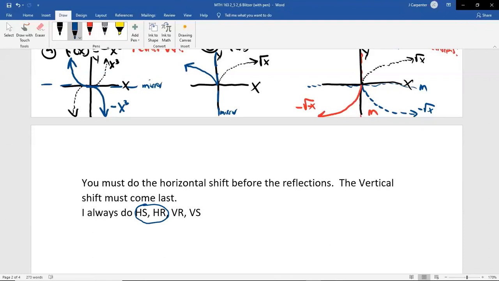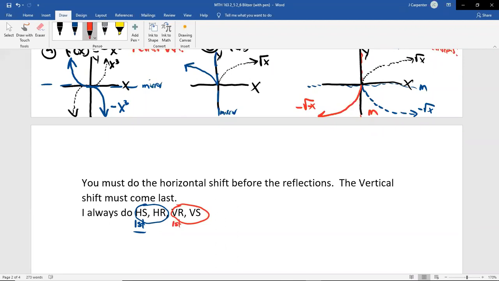I know that feels weird, and guess what? It has everything to do with the fact that horizontal shifts are backwards, but vertical shifts are not. That's why this is a little wacky. So the horizontal shift must come first in those pair of things, and the vertical reflection must come first in those pair of things.